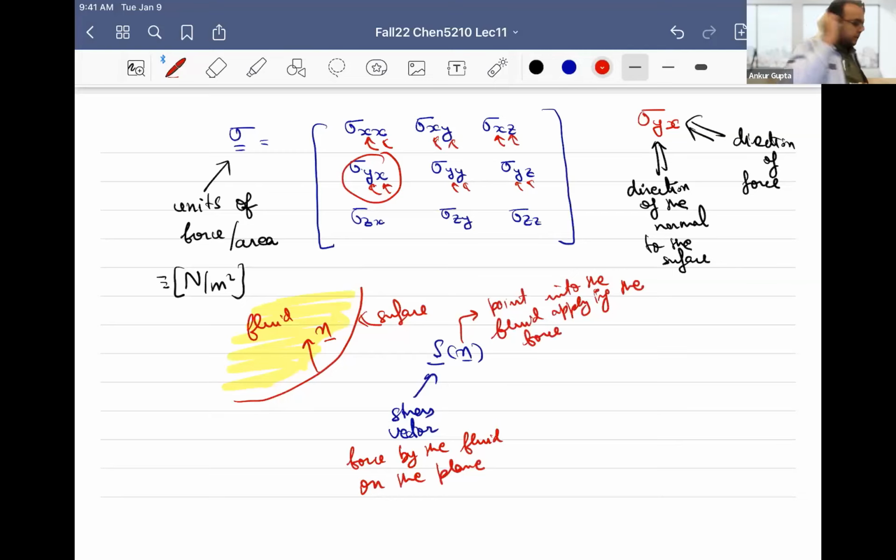So basically, the stress vector is the force by the fluid on the plane. Whenever you're thinking of force, think of stress vector.